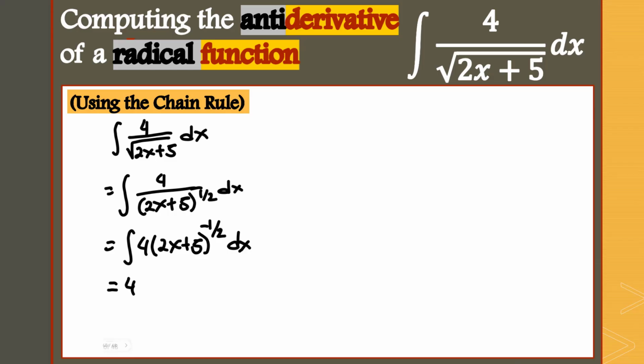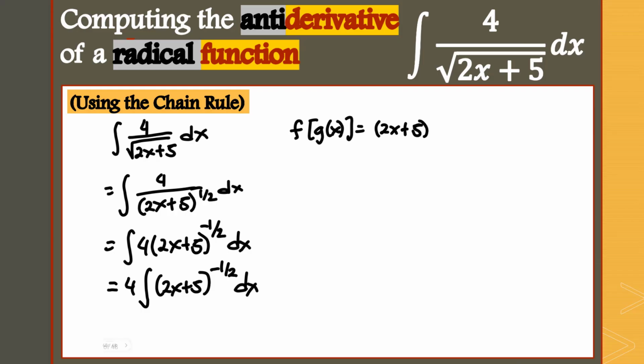When we take out 4 here, the integral of 2x plus 5 raised to the power of negative 1/2 dx, we have here this function which can be a composite function of another. Let's say you will have here your f of g of x is that form, 2x plus 5 to the power of negative 1/2. So your f of x could be actually x to the power of negative 1/2, but your x here is another function g of x, 2x plus 5.